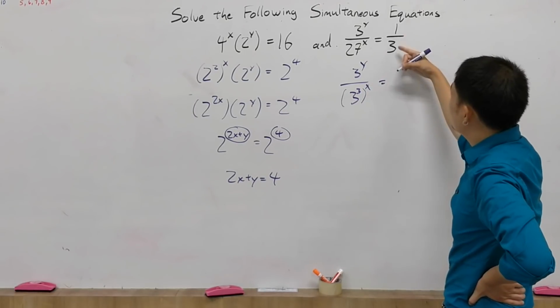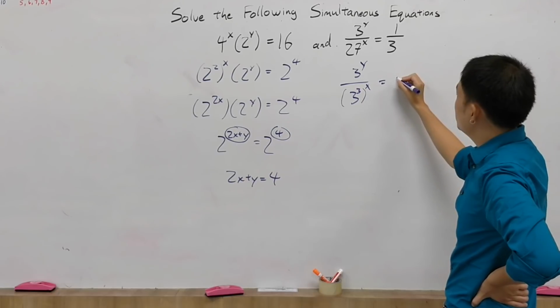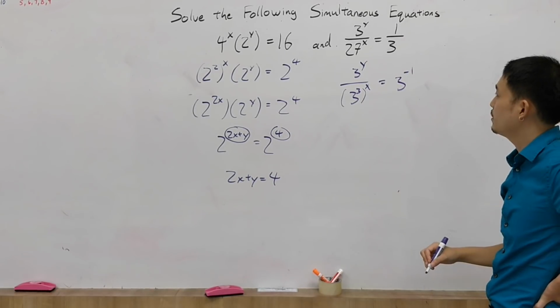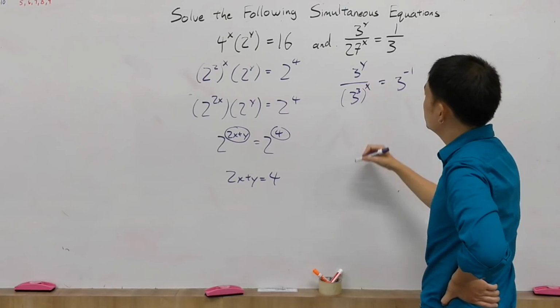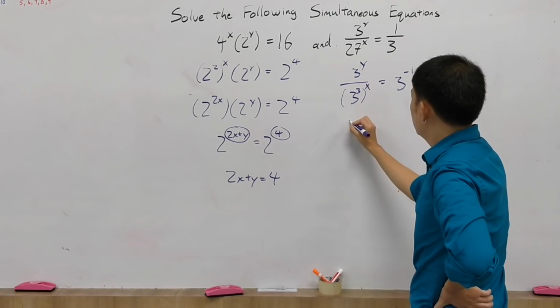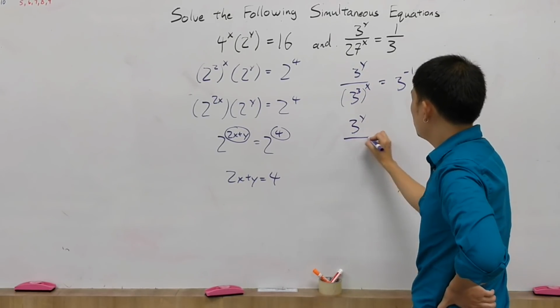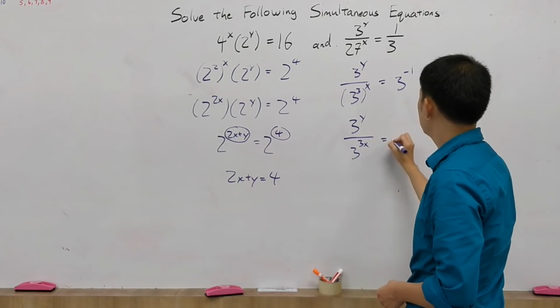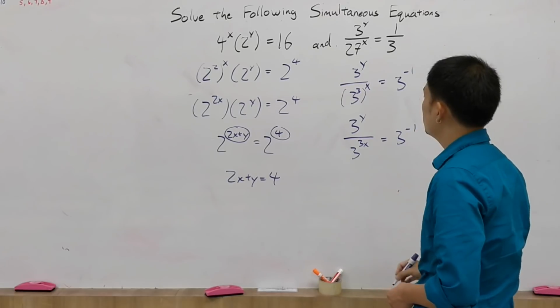And over on this side, we have 1/3, but basically that's the same as 3 to the power negative 1, right? 3 to the power negative 1. Now let's simplify this. We have 3 to the power y over 3 to the power 3x equals 3 to the negative 1.